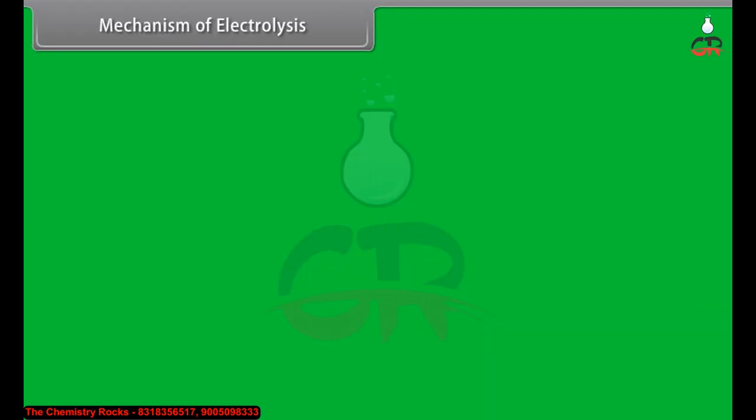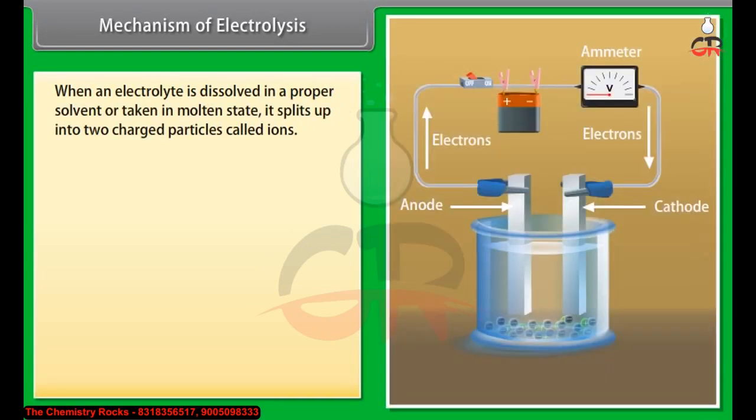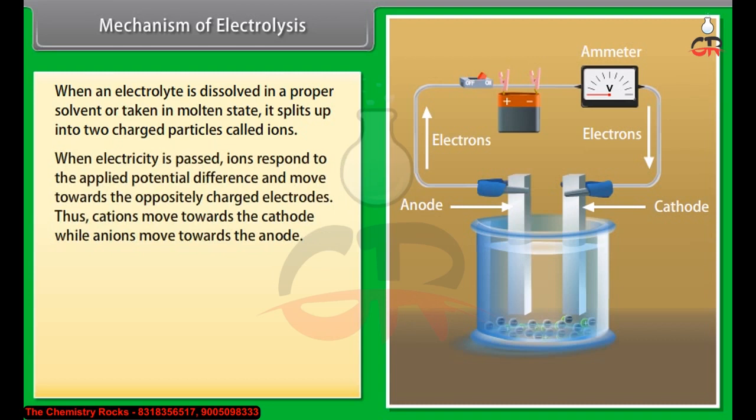Mechanism of electrolysis. When an electrolyte is dissolved in a proper solvent or taken in molten state, it splits up into two charged particles called ions. When electricity is passed, ions respond to the applied potential difference and move towards the oppositely charged electrodes.